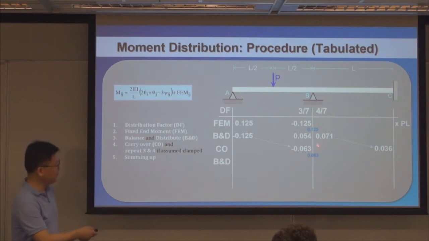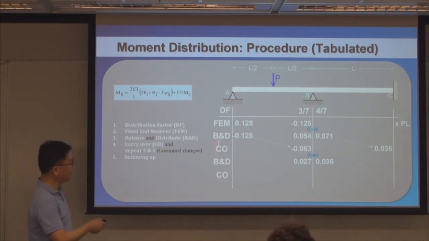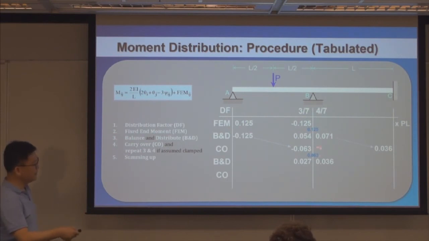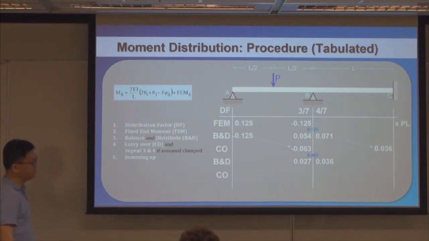Okay, so we identify that there's a balancing moment that we need to distribute. So you further distribute according to the distribution factors, and then you need to carry over. So I'm looping through steps 3 and 4. The reason why I need to loop is because I have adopted some sort of clamped boundary conditions, so I need to balance that and distribute.